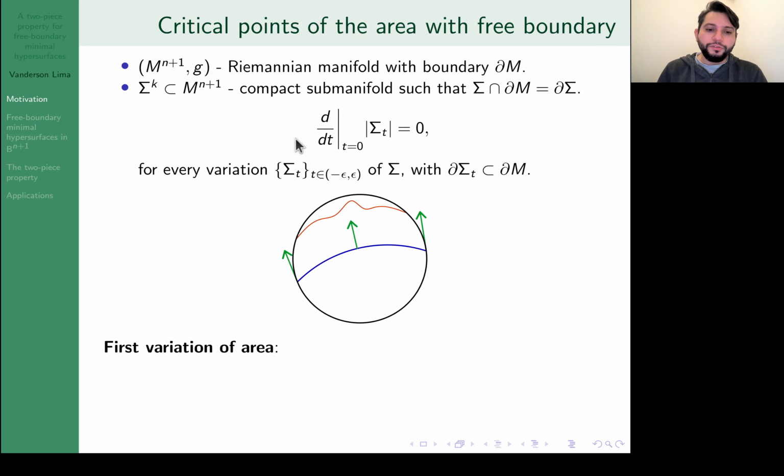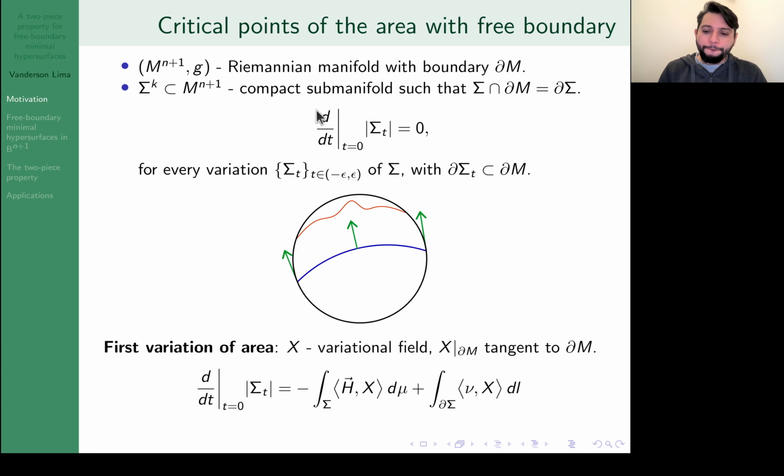So I want to consider critical points of the volume under these conditions. So if you look at the first variation of area or volume, okay, let X denote the variational vector field, and this condition about the boundary of the submanifolds in the variation says that X is tangent to the boundary of M. So by the first variation of area, we'll have the following.